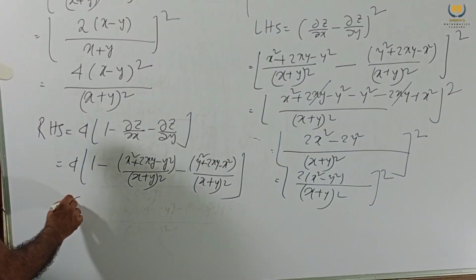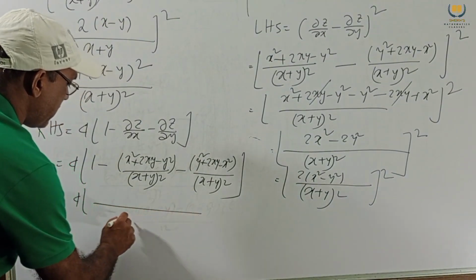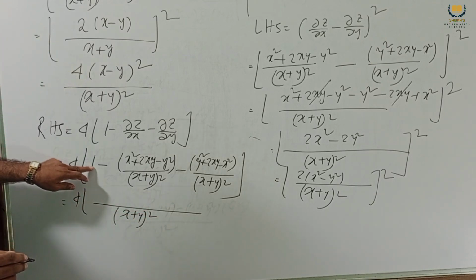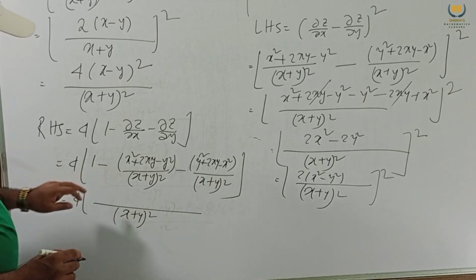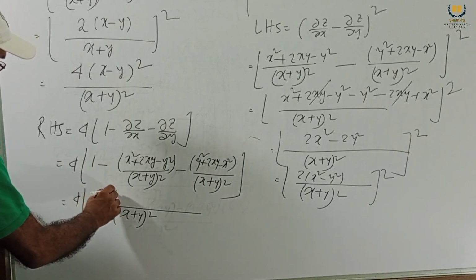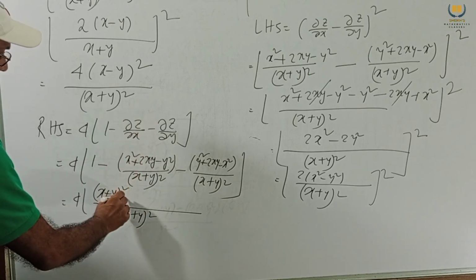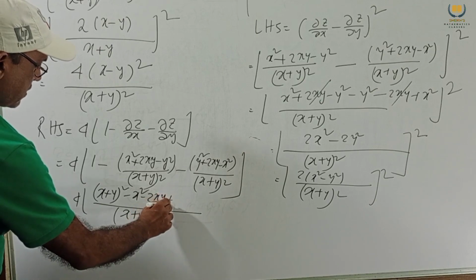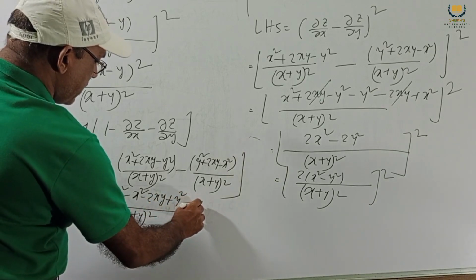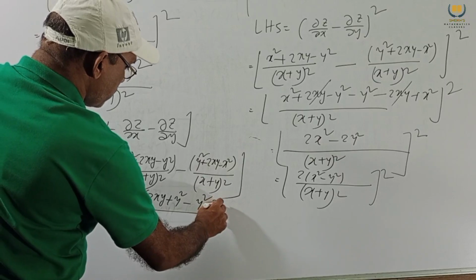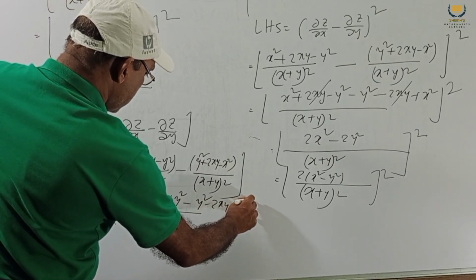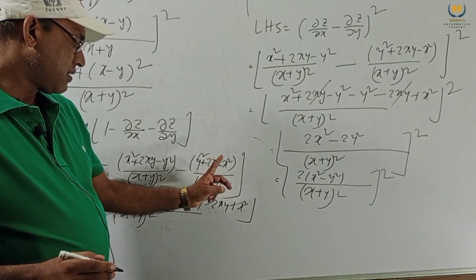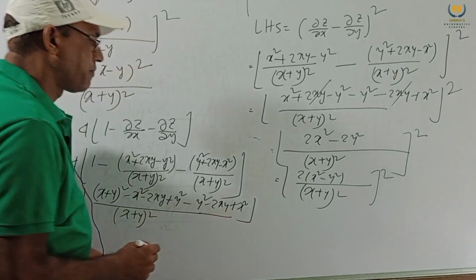And if we take LCM, LCM will be (x plus y) whole square, and here denominator is 1 divided by this, then this will be (x plus y) whole square, and remove the bracket, minus x square minus 2xy plus y square minus y square minus 2xy plus x square. We get this one.